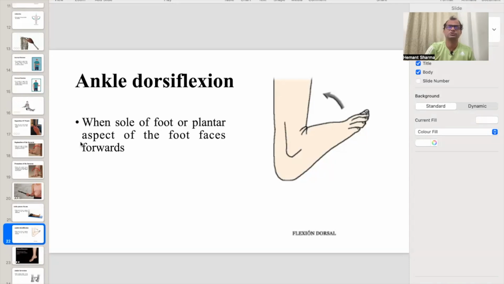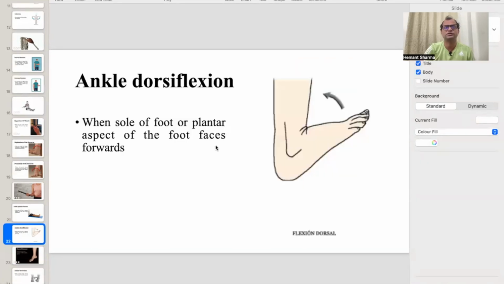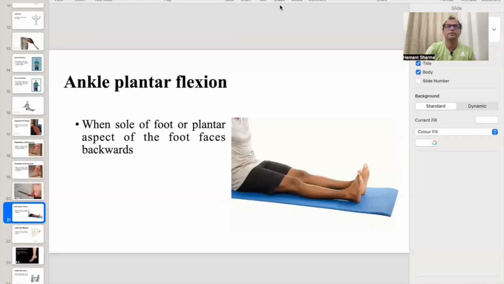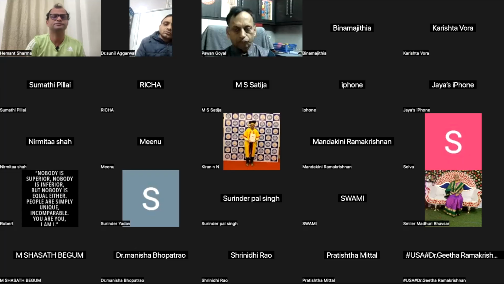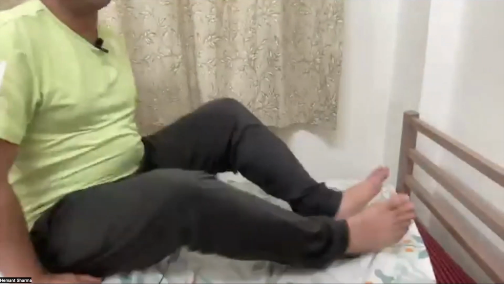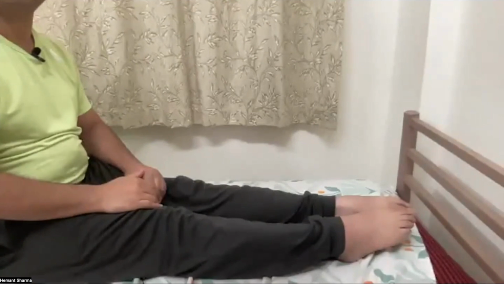Okay, so when the sole of the foot is coming near, this is the dorsiflexion. So look at here, I will show you once here. Now tell me, I'm asking you, what is this? Which is this movement?